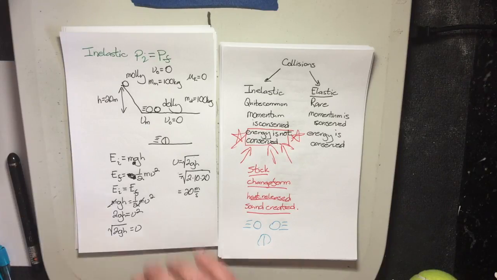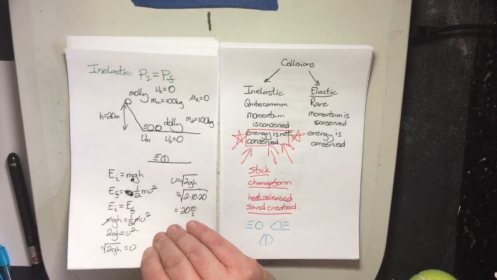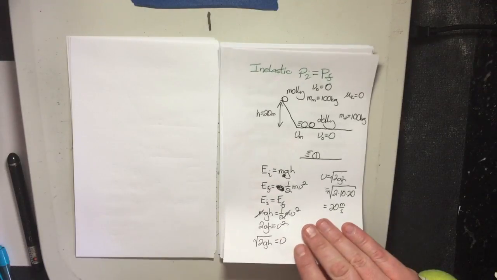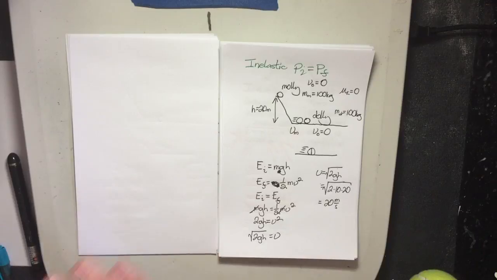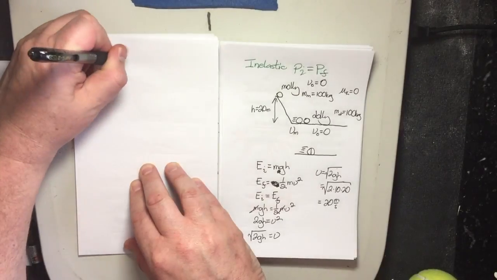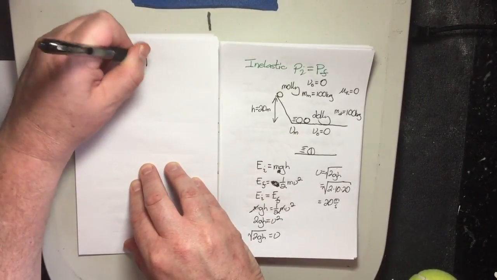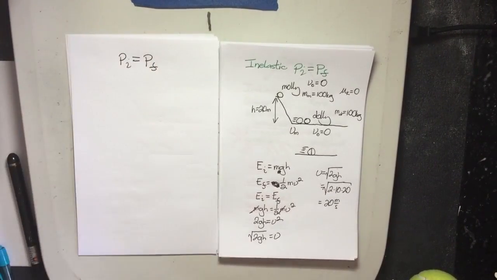That would be pretty frightening. Now, one of the things we've got to do is figure out the velocity after impact. It's an inelastic collision, so immediately I write momentum initial is equal to momentum final.